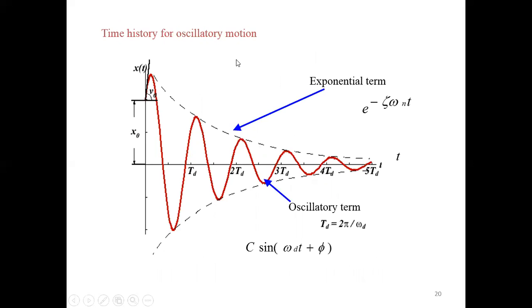If we are considering free vibration, then the external force is applied to the system only for the initial motion. When you apply the initial force and then release, the vibration continuously reduces.